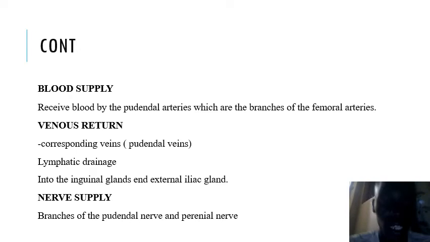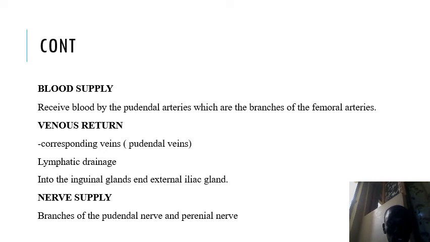What is the blood supply to the female external genitalia? The female external genitalia is supplied by the pudendal arteries, which are branches of the internal iliac artery. And then the venous drainage is through the corresponding veins, that is to say the pudendal veins. For lymphatic drainage, the lymphatic fluids are drained into the inguinal lymph nodes and then the external iliac lymph nodes.